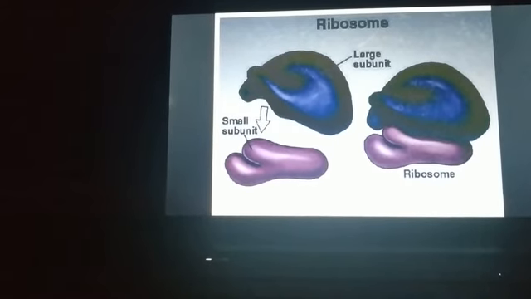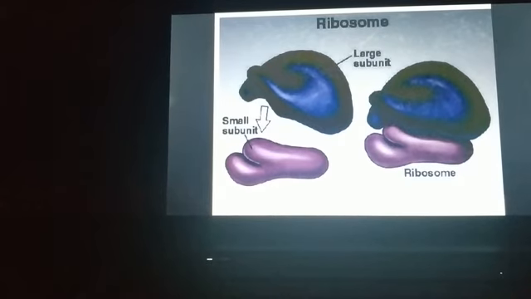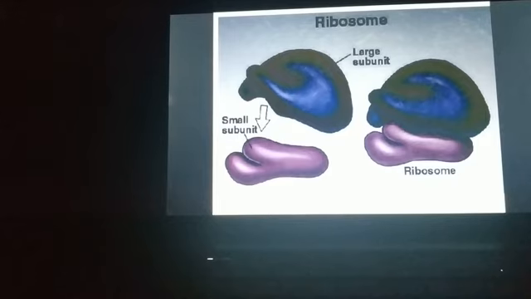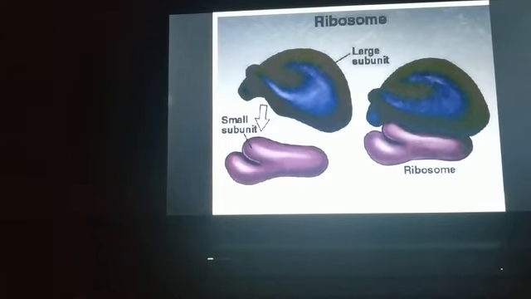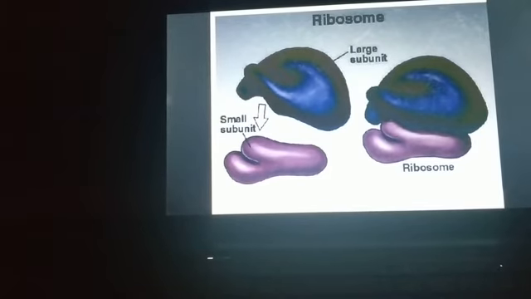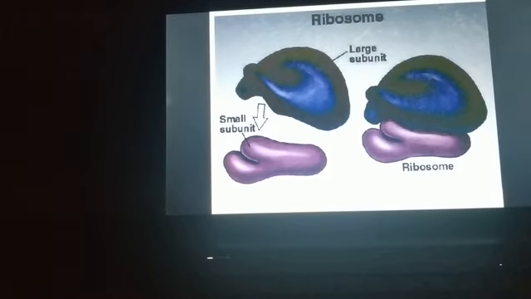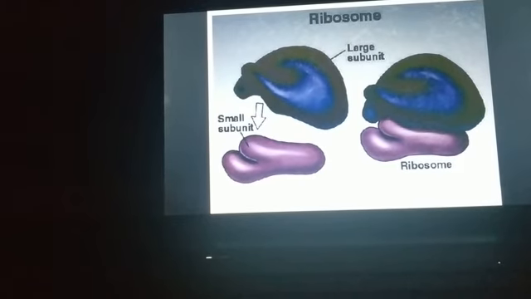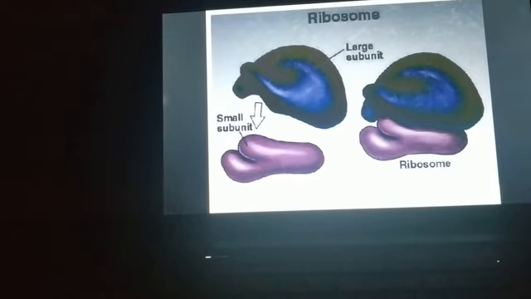Now these ribosomes are made up of approximately equal amounts of RNA and protein, so we call them ribonucleoproteins. The RNA present in the ribosome is the ribosomal RNA, rRNA.